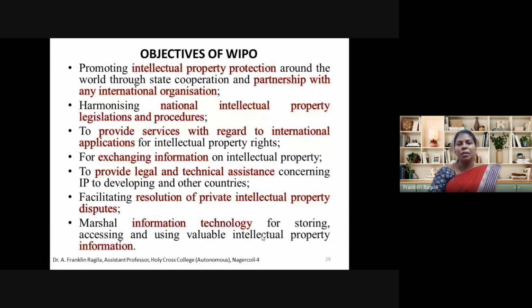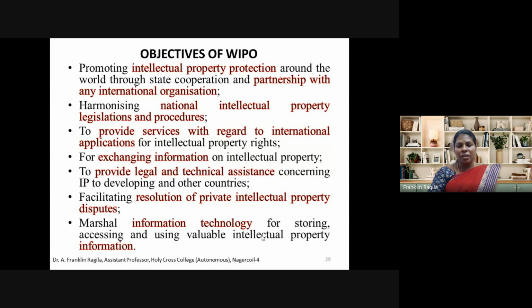For example, we are in India. If I want to file a patent in the USA or Australia, WIPO can help me to apply in the USA or Australia, or whichever country I want to apply in; they lend a hand for applying for IPR. It also exchanges information on intellectual property.